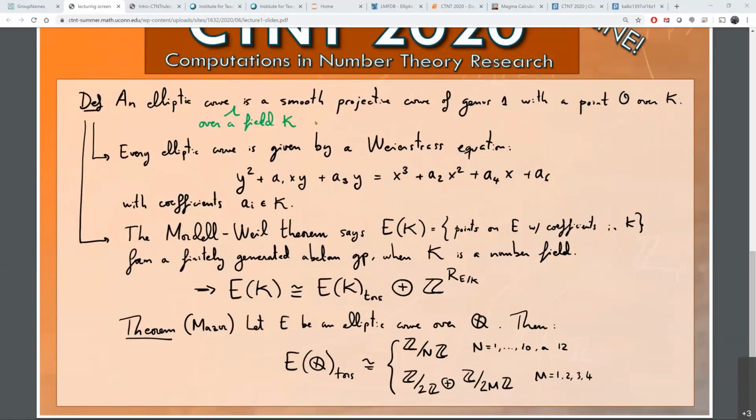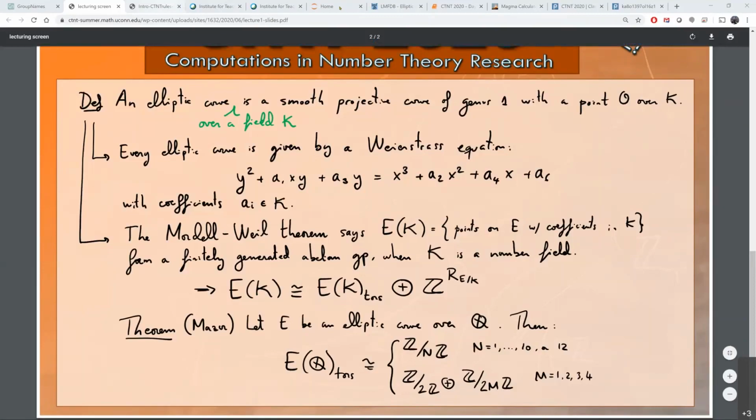Any elliptic curve will have coefficients in K and an isomorphism to an equation of the form y squared plus a1xy plus a3y equals x cubed plus a2x squared plus a4x plus a6.